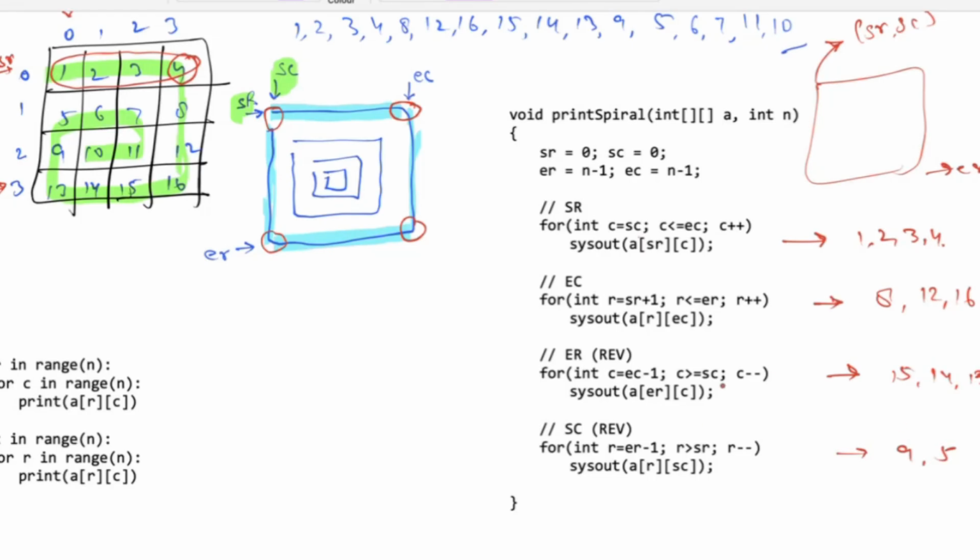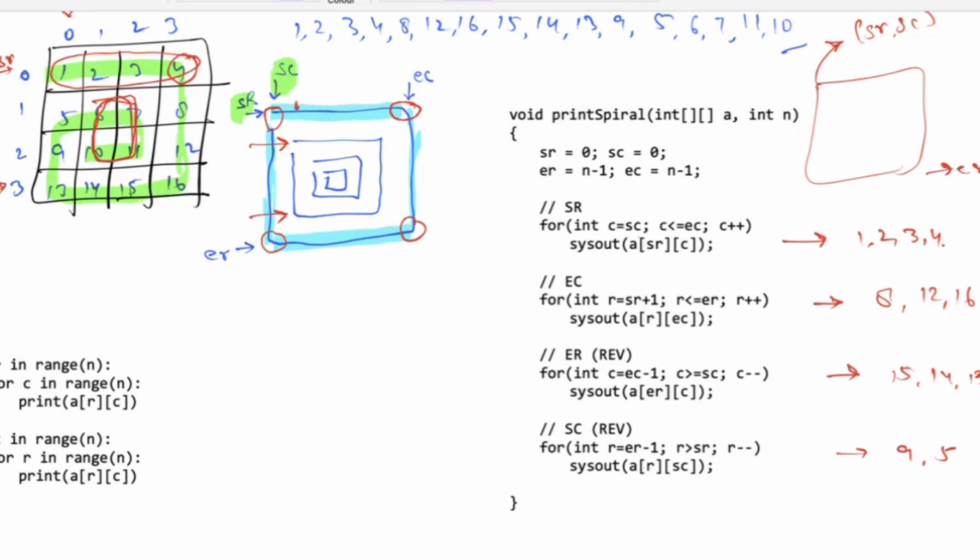Okay. Now the outermost layer is printed and we want to move to the inner layer. Inner layer means that we want to move to this layer, right? So in this layer the first row will be starting row plus 1, and the last row will be end row minus 1.